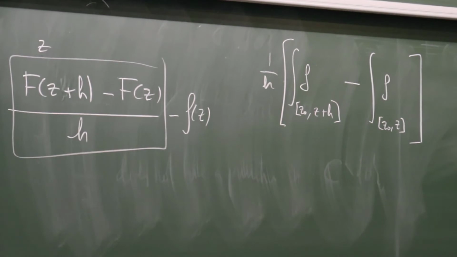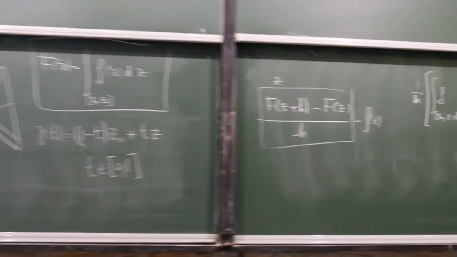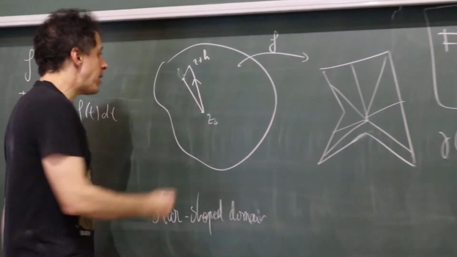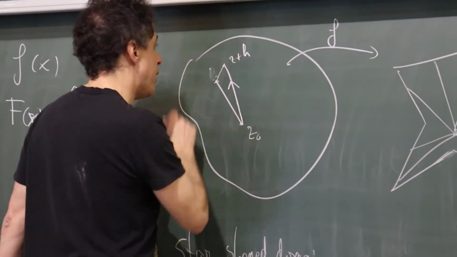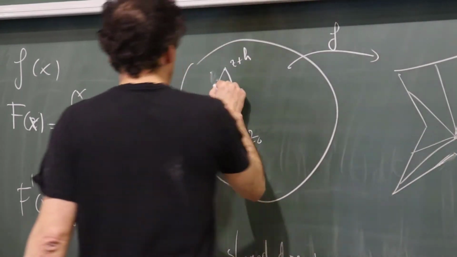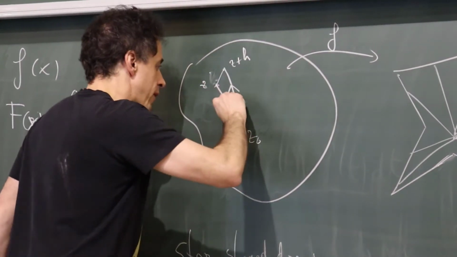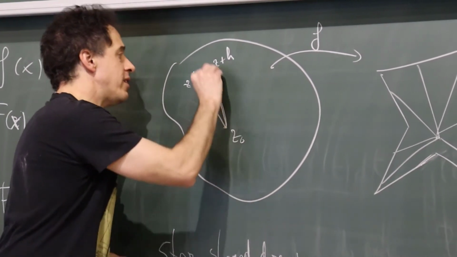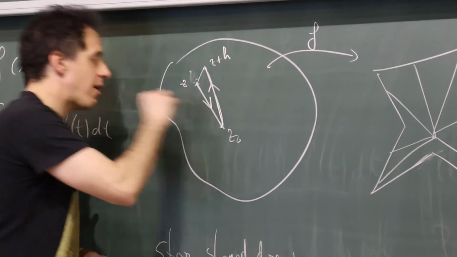So the integral along the segment from z0 to z plus h, minus the integral from z0 to z. This is the point z. So take this integral minus this integral.